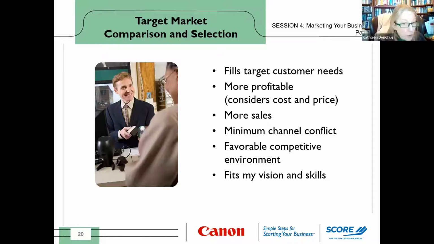So we've got another tool where we can start looking at these, and it may be that for your purposes, you need to narrow your choices for which target markets you're going to focus on first, because as you're starting out in a business, you may not have enough resources, capital, or tools and planning to chase a whole lot of markets at once. So you start with one, get it started, and then move on to the next ones.